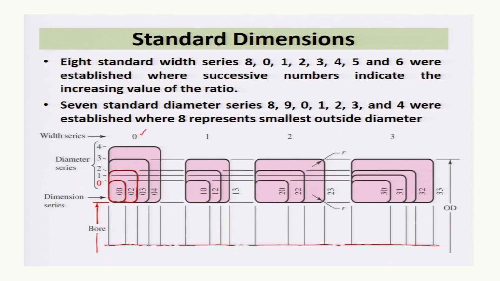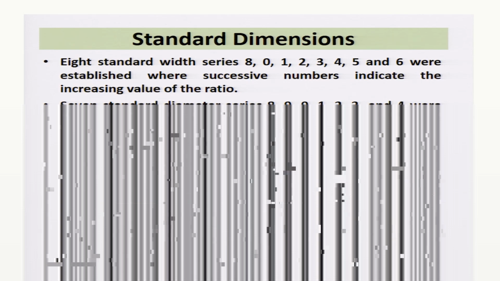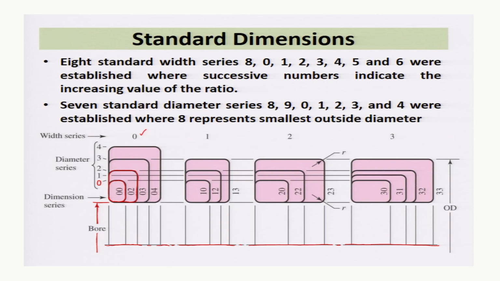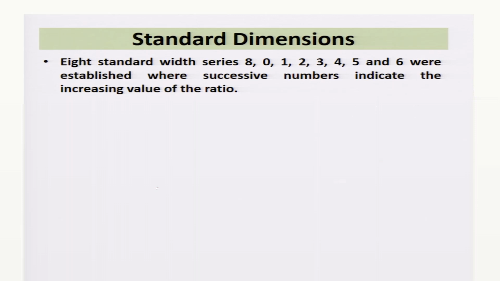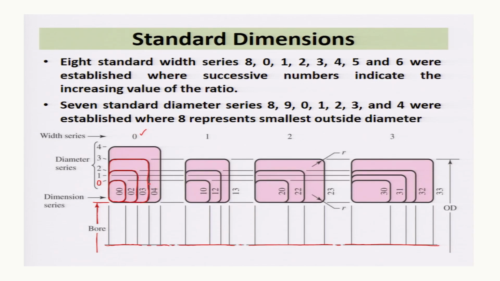The bottom half will be just the same. Now, if the width series again is 0, but the diameter series has become 3, then the outside diameter will increase, and that is represented by this shape. Diameter series has increased to 4.